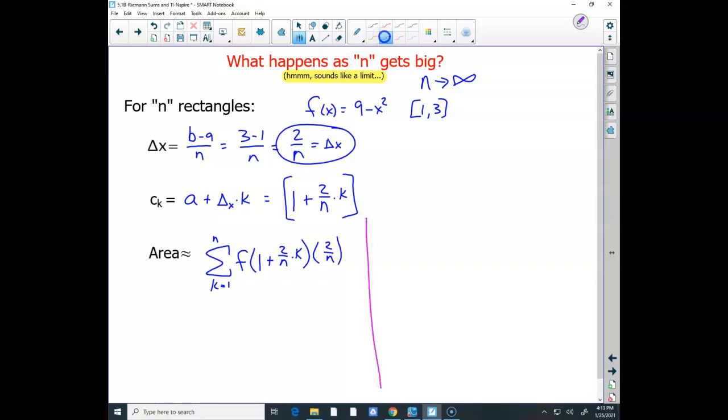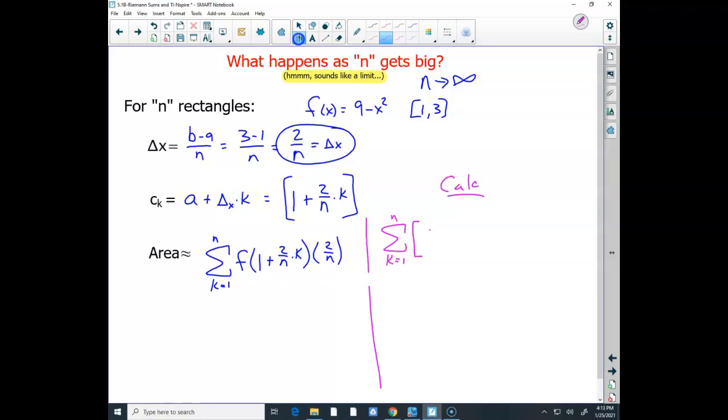The calculus formula of this looks a little bit different. This is the one that's going to be super imperative that you understand down the road. The sum is going to be from k equals 1 to n, where n is anything.